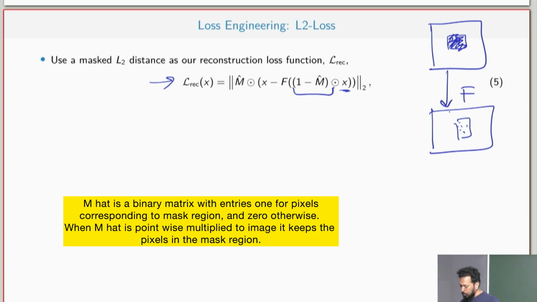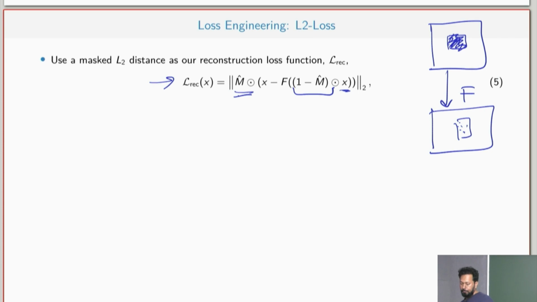And then you look at the part where masking was applied. The 1 minus M is when I remove, right? M is when I keep, right?